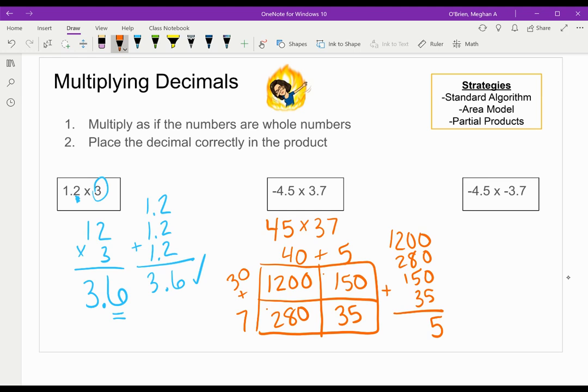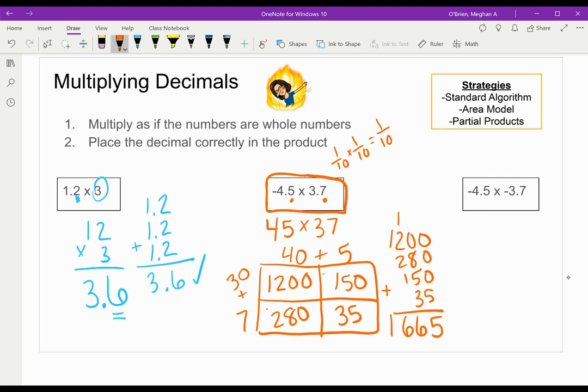All the ones, all the tens, so that's 13 and 3 more. And that's 6 and that's 1. Okay, here's my product, but I know the answer is not this large. It's not 1,665. I got to go back to the original problem up here. It's tenths times tenths, right?